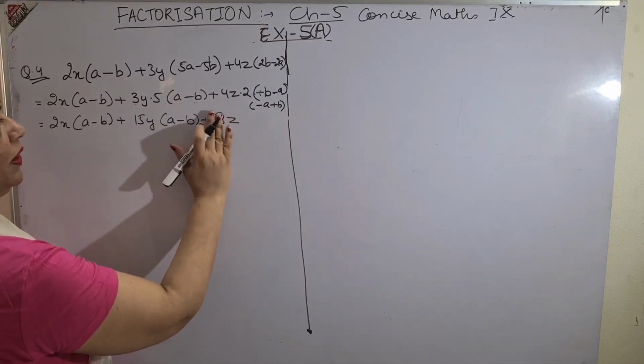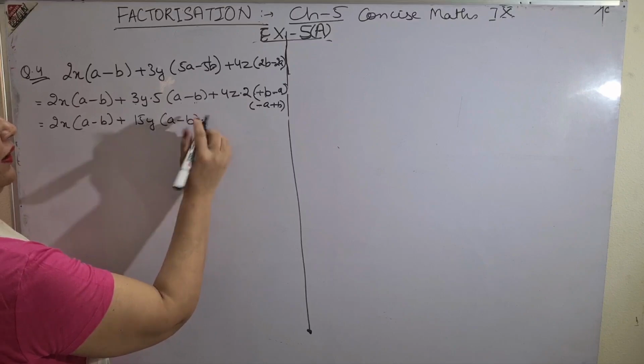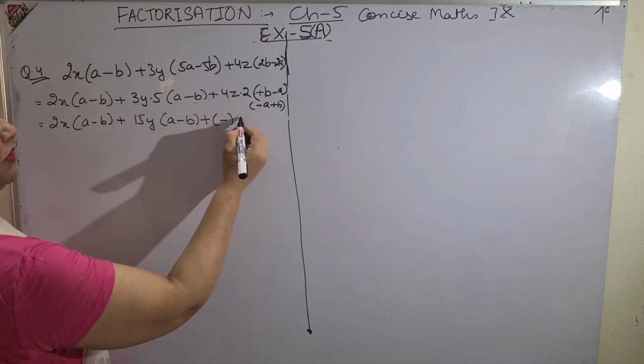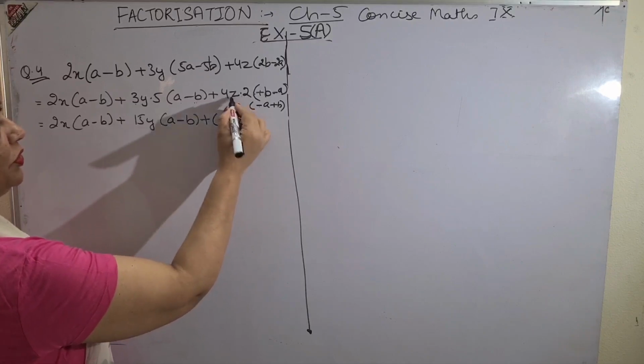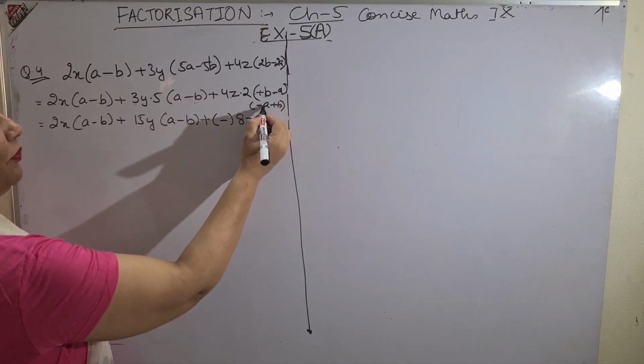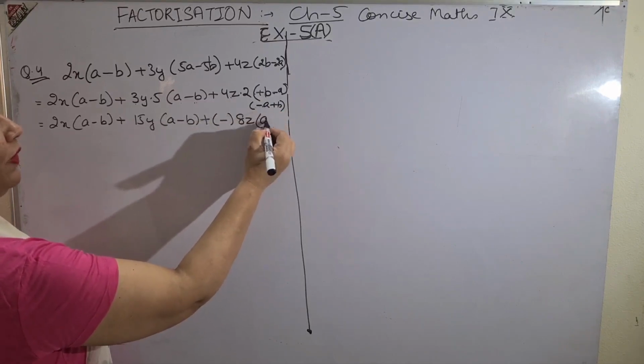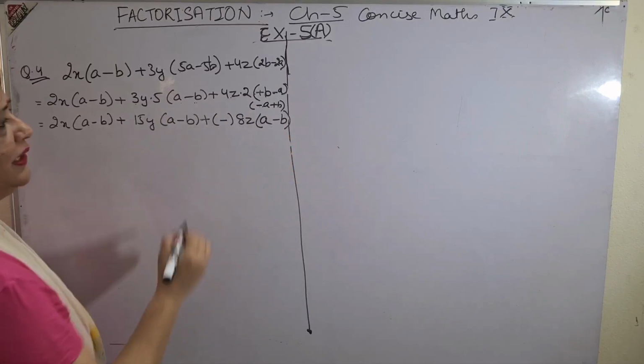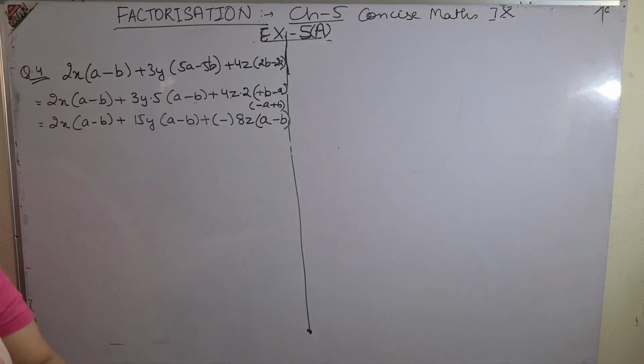Take minus common. So before writing 8z, plus, you take out common minus in the bracket. If I take minus common, minus a will become plus, and plus b will become minus. Now you can see that my factor a minus b is common in all 3 terms.